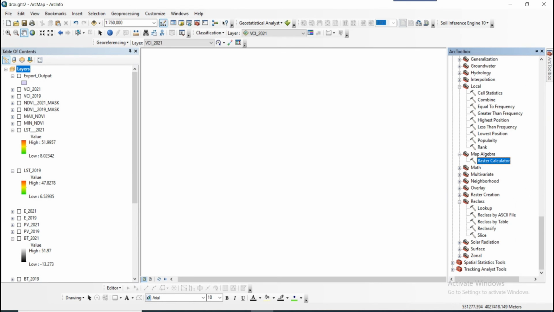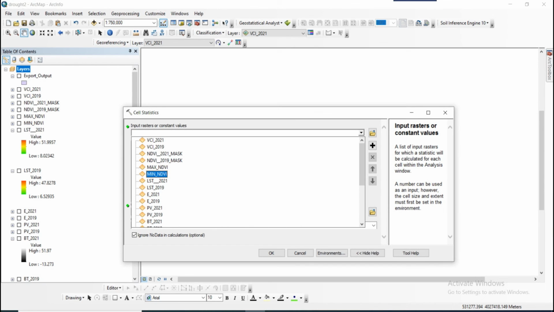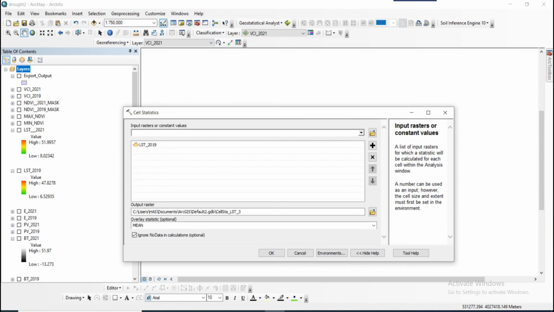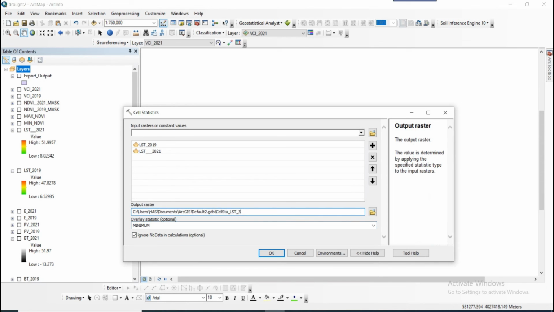So for that purpose, we will go to the cell statistics and we will choose the LST for 2019, for 2021, and we will choose the minimum, and we will call this min of LST. And okay.